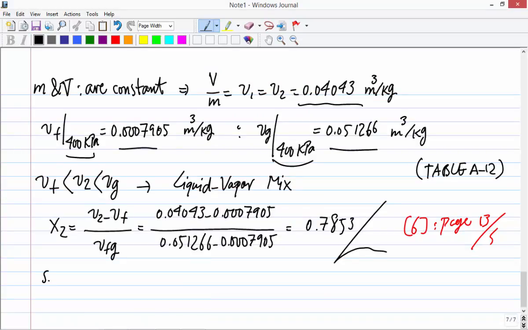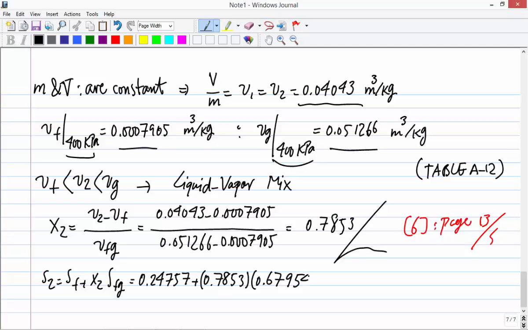Then I can simply write S2 equals Sf plus x2 Sfg, everything at 400 kPa: 0.24757 plus the quality times this Sfg, which equals 0.7813 kilojoule per kilogram Kelvin.